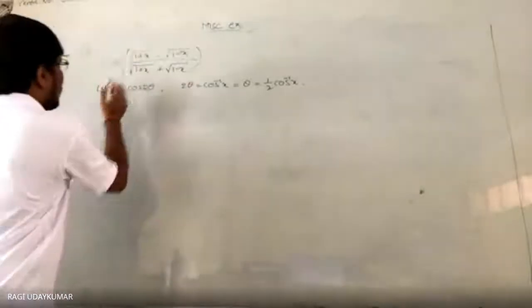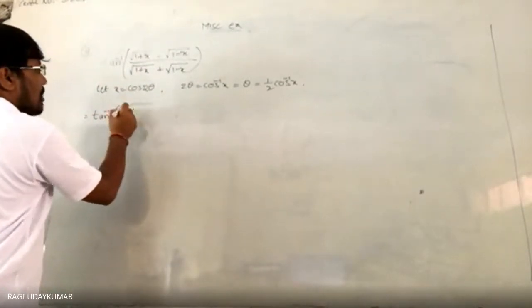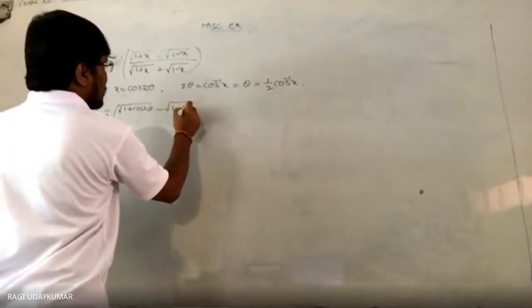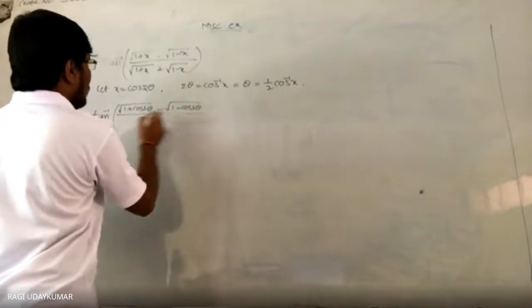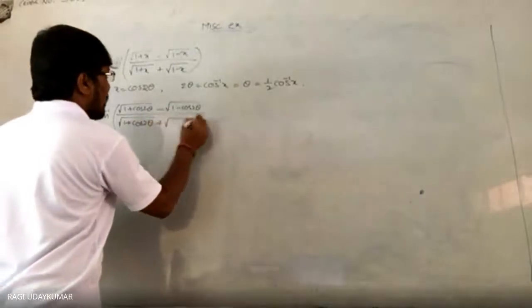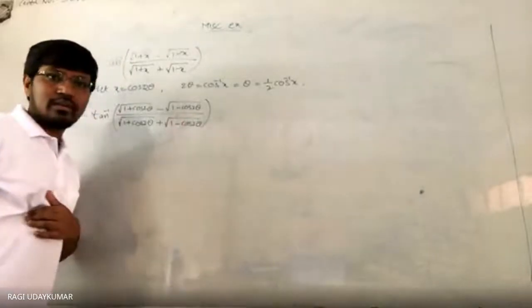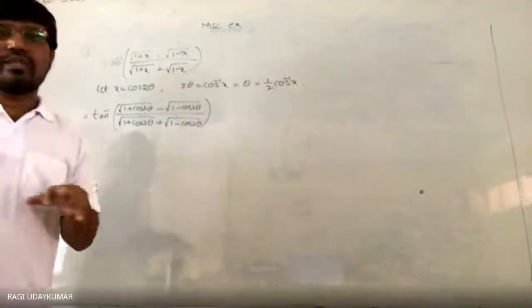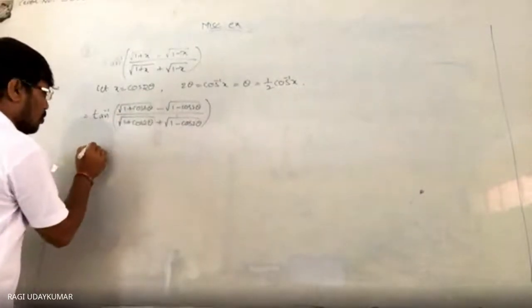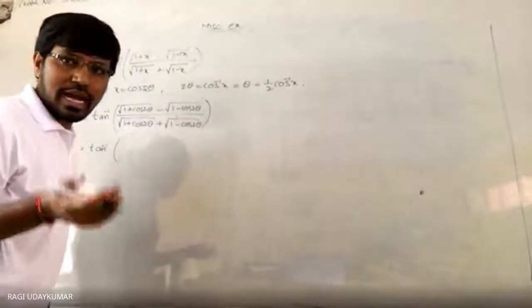So now what do you get here? If you replace that, tan inverse of under root of 1 plus cos 2 theta minus under root of 1 minus cos 2 theta by under root of 1 plus cos 2 theta plus under root of 1 minus cos 2 theta. 1 plus cos 2 theta is equal to 2 cos square theta, so under root of 2 cos square theta is root 2 cos theta.